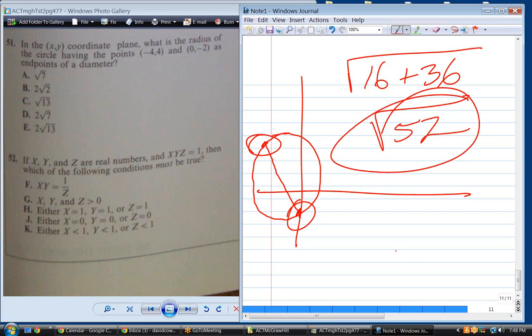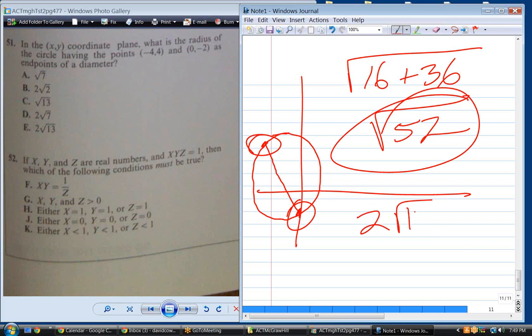So the diameter, simplify that. Um, 52. What perfect square number divides into 52? 4. Okay, 4 times what? 13.